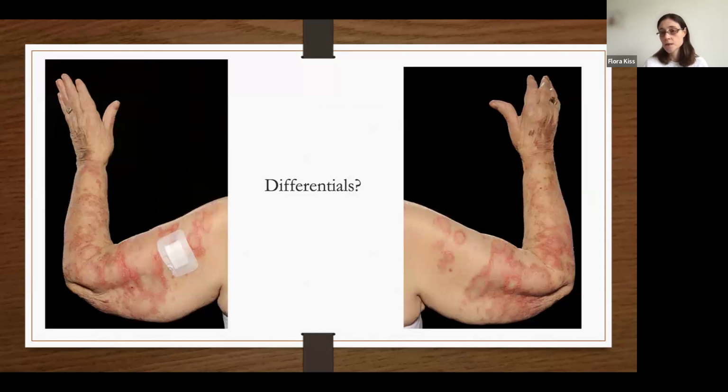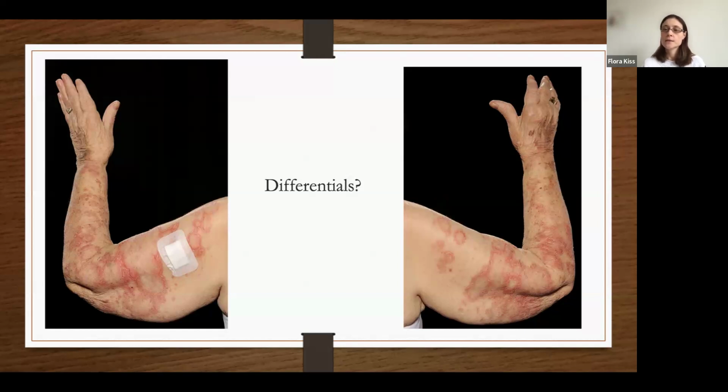And where you can see the plaster is where a skin biopsy has been performed to help with the diagnosis. This is a case that belongs to the big family of cutaneous lupus. This is a subtype, subacute cutaneous lupus erythematosus, so SCLE.